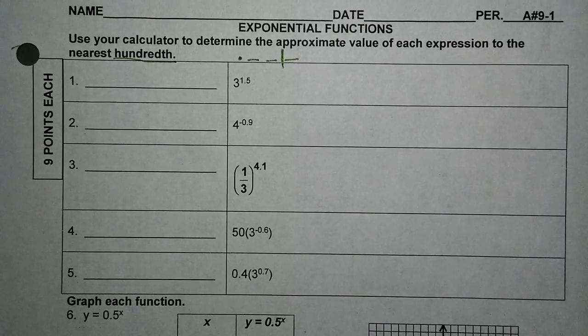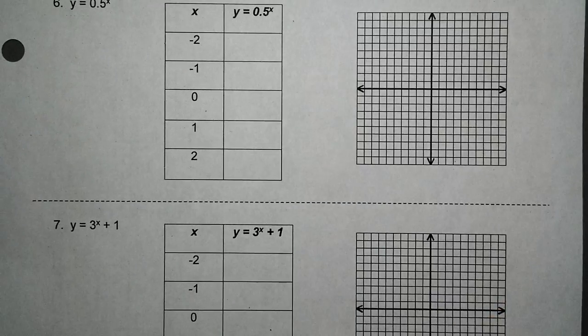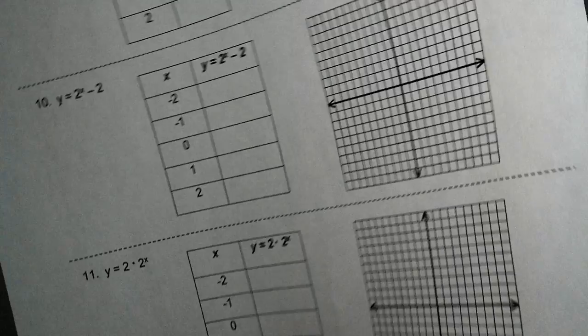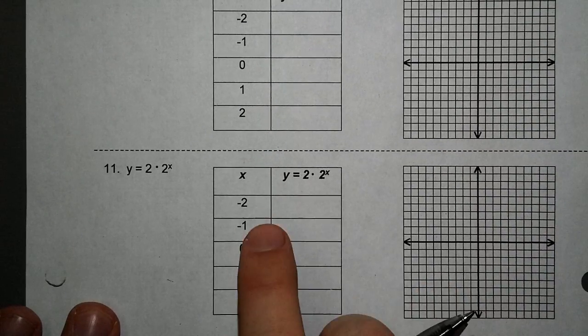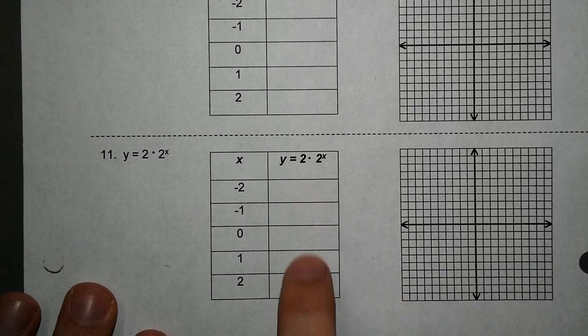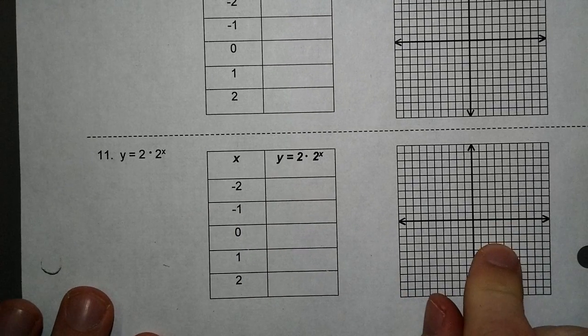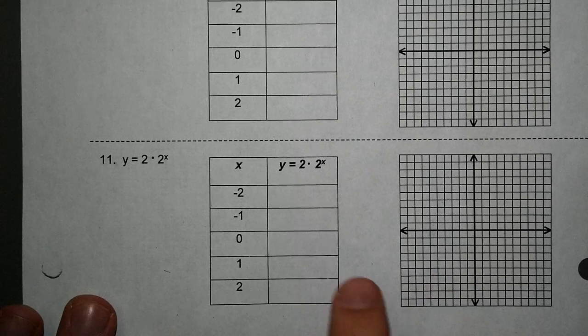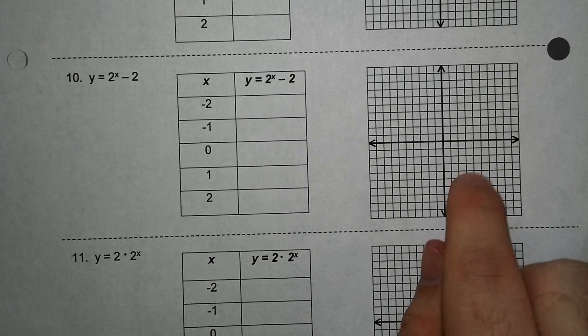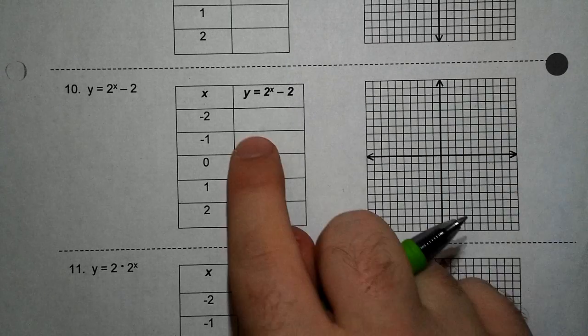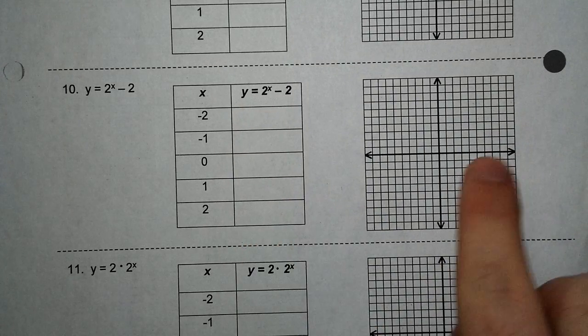That's the first 5. When you get to 6 all the way through number 11, it's giving you different equations to type in. I want you to get all the points and then graph all the ones that fit. Obviously, if you get a point like 2, positive 30, you're not going to be able to graph it. You're just going to graph whatever points over here fit.